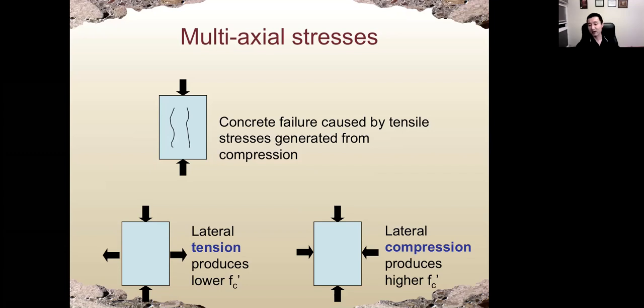On the other hand, if we have compression in the lateral direction, this is acting as a constraining effect, like the one provided by the two steel plates under the compression test. That will confine the concrete from expanding in the horizontal direction, so lateral compression will produce higher compressive strength of concrete.